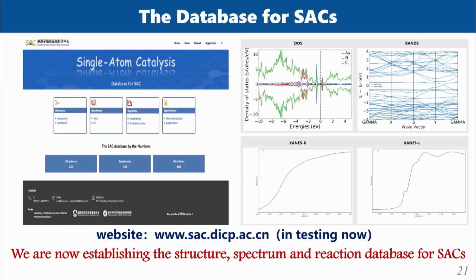We learned from the Nobel Prize in Chemistry 2022, from protein prediction. So now we can predict the original design of our catalyst. There are some advantages and disadvantages; I don't have time to give more details. So now in our laboratory, we are trying to set up big data, to establish the structure, spectrum, and reaction database for single atom catalysts.